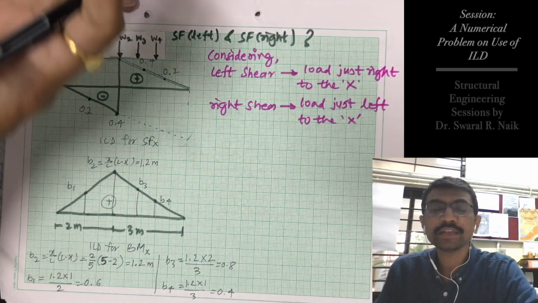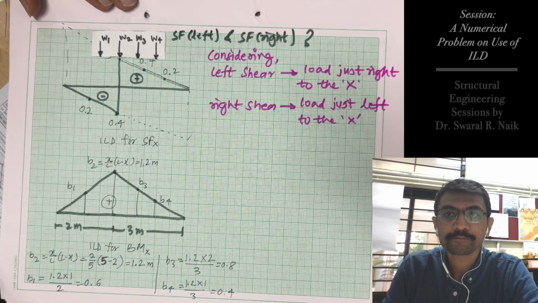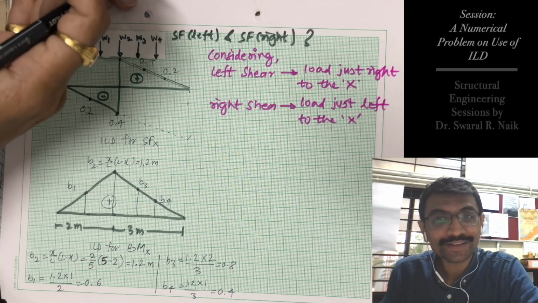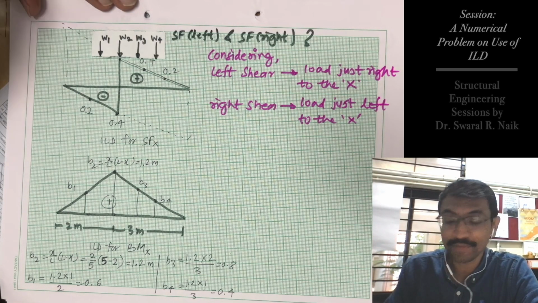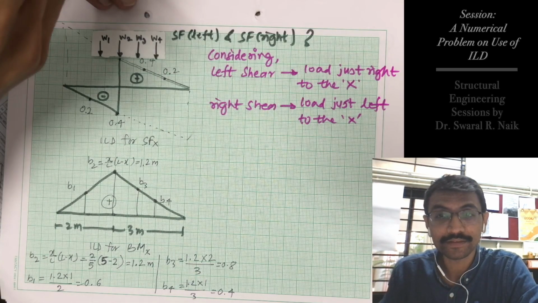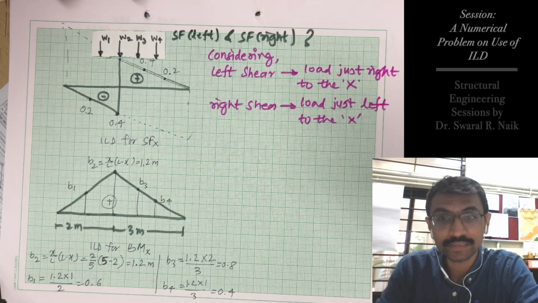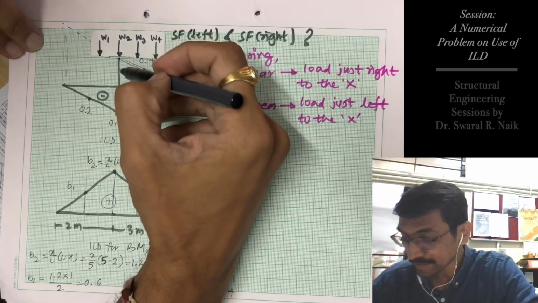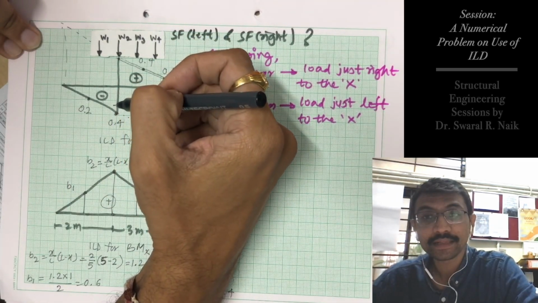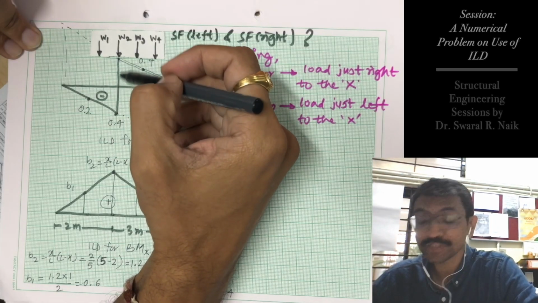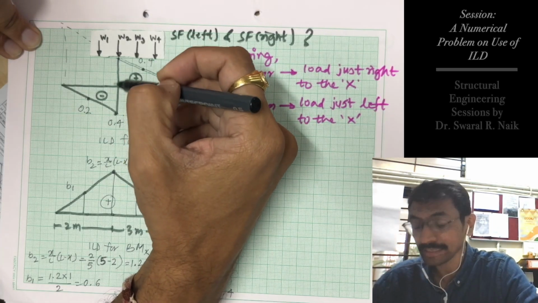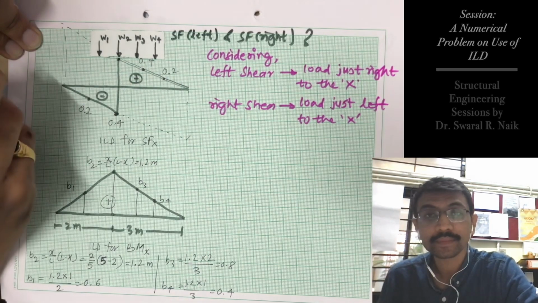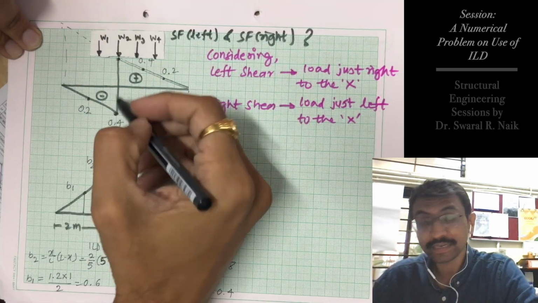So when you are calculating left side shears, which is negative shear, what values to be considered, which ordinates to be considered, and when you are calculating right side shear, which ordinates are to be considered. It means that calculating SF at X, because you can see from the diagram that shear force at X has two values.